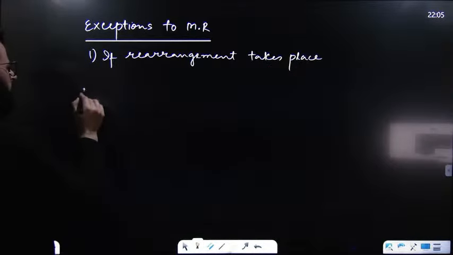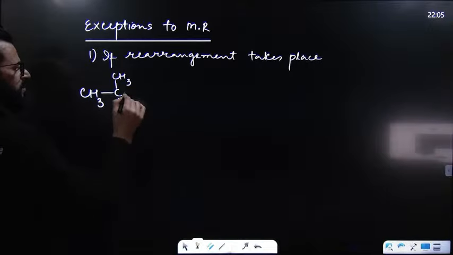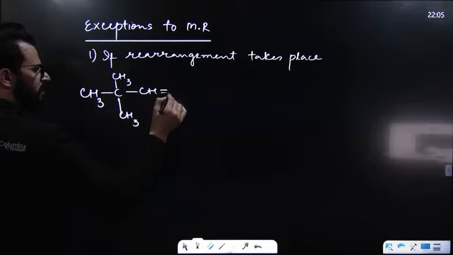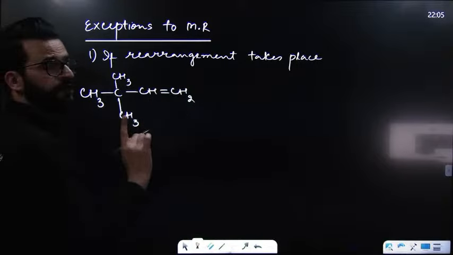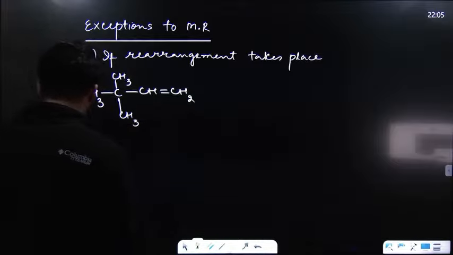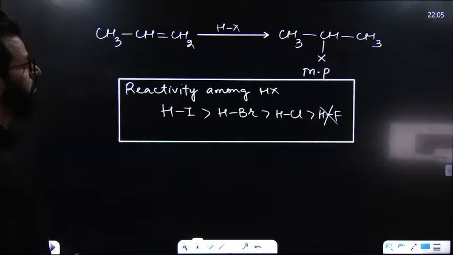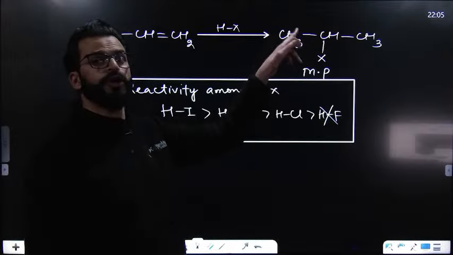Have a look. If we are having an alkene like this, this is an unsymmetrical alkene. Now I will show the mechanism for the major product only. Because here the major product was formed according to Markovnikov's product.